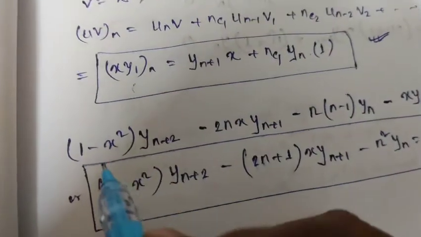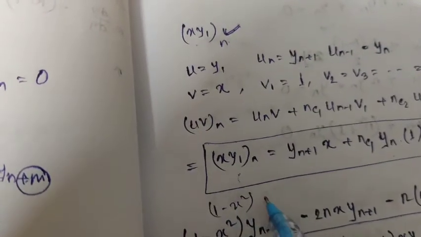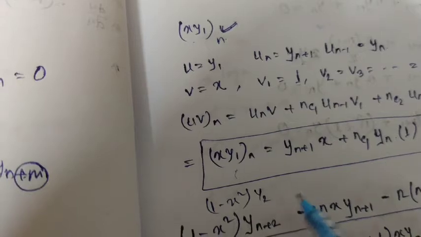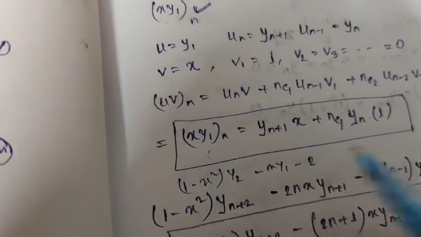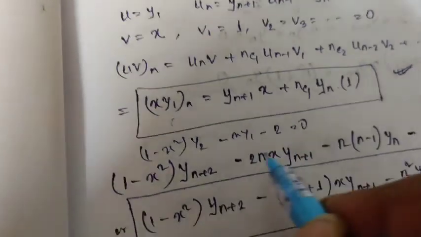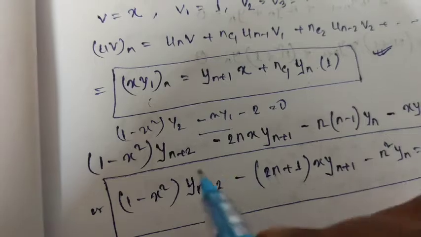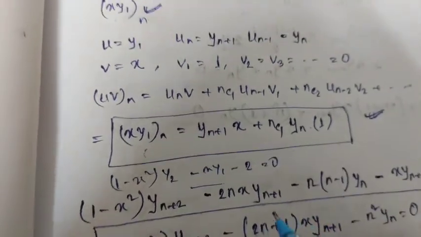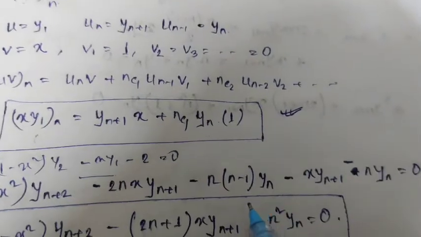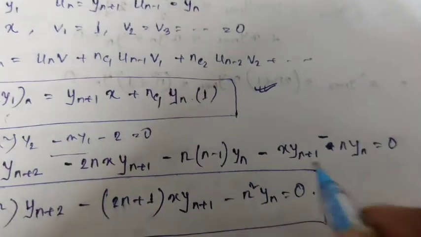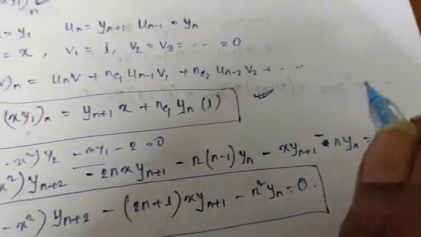So we get (1 minus x square) y2 minus xy1 minus y is equal to 0. Applying the Leibniz theorem, we get (1 minus x square) yn+2 minus 2nx yn+1 minus n(n−1) yn minus x yn+1 minus n yn is equal to 0.